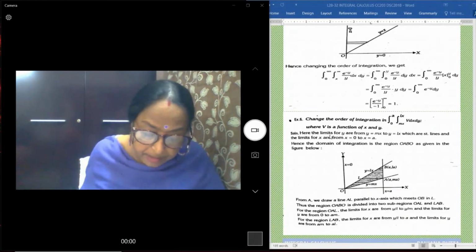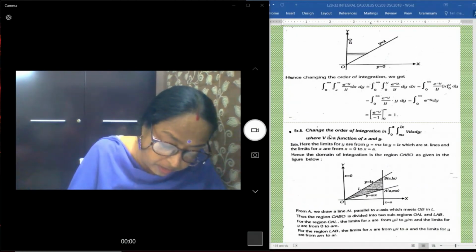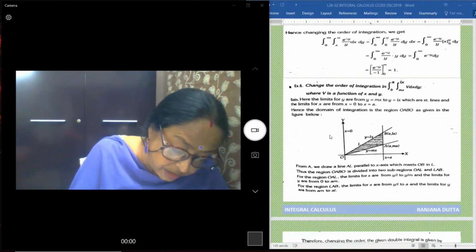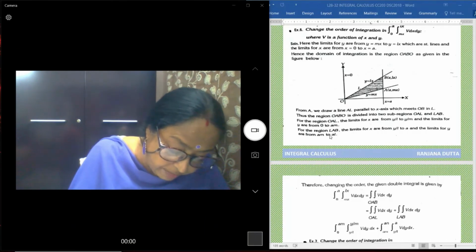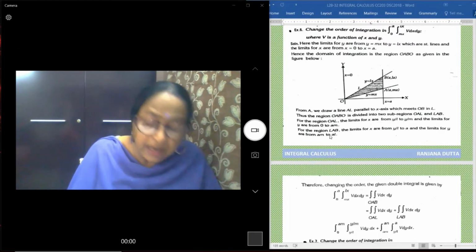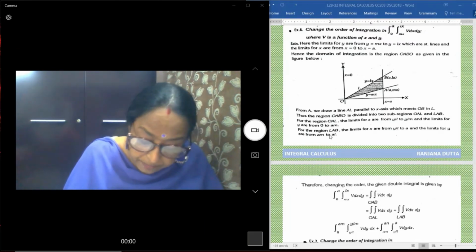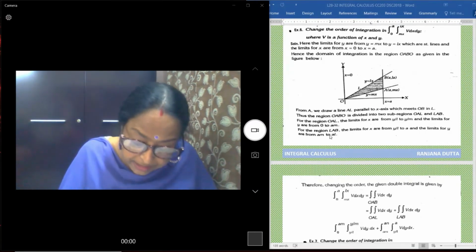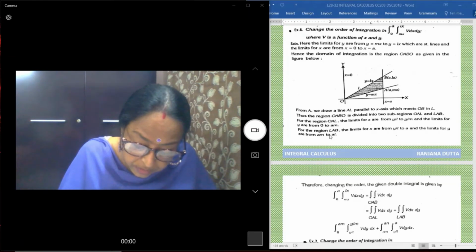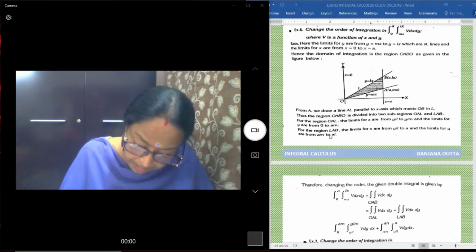Another example is given. Change the order of the integration, x from 0 to a and y from mx to lx, of the function dx dy. Here also x is from 0 to a.